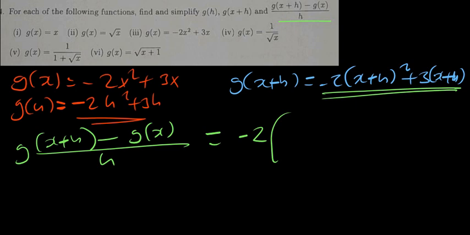So where there is x, you put x plus h, like that, then square it, then minus g of x, which is 3, then I put x, like that. Then you divide it by h.